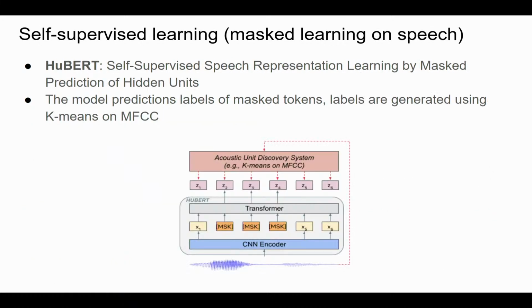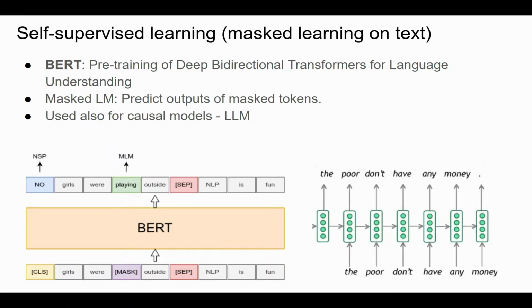Let's see. HuBERT is more simple. What does it do? Yeah, so it predicts tokens. It has discrete outputs. So what are those tokens there?